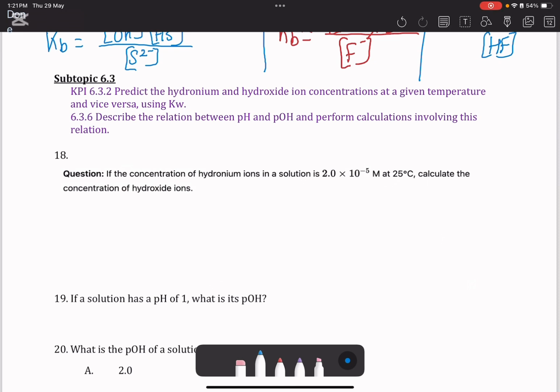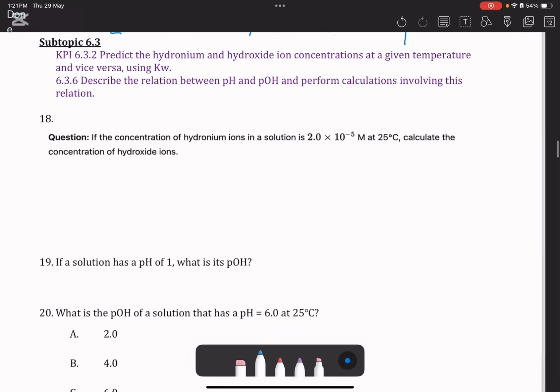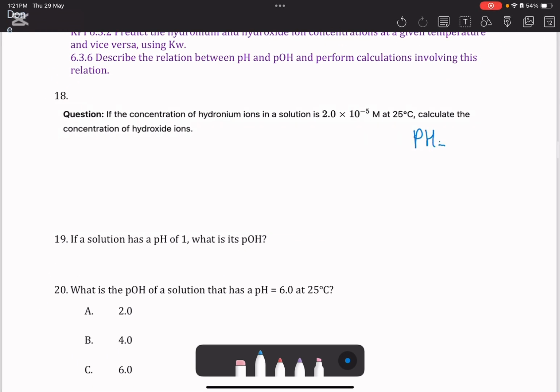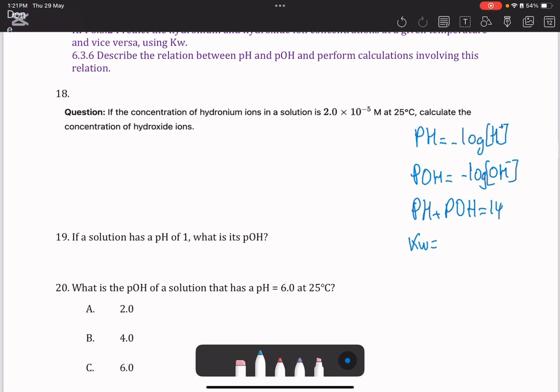You are given pH equals minus log H plus, and pOH equals minus log of the hydroxide ion concentration. pH plus pOH equals 14. And Kw, which is the concentration of H plus multiplied by the concentration of OH minus, equals 1 times 10 to the power negative 14.